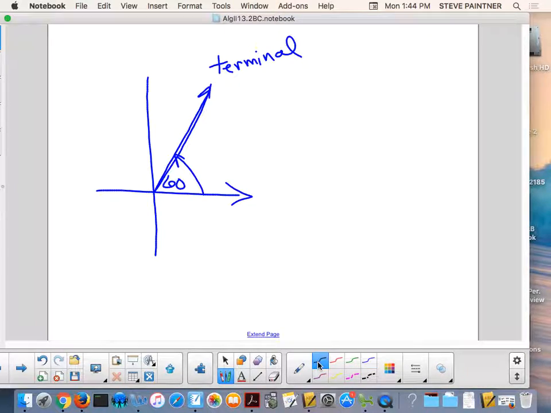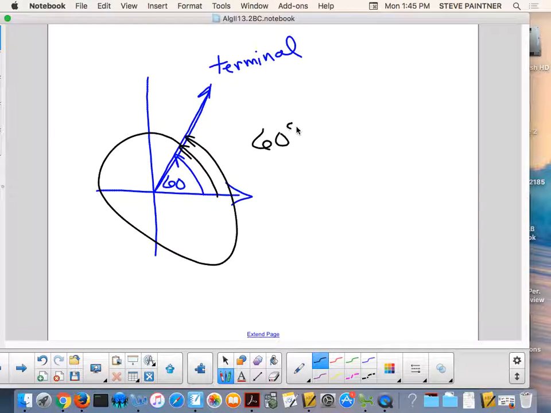Well, if you took your pencil and went 60 plus another circle, what would that be? 360. 60 plus another circle, 420? Yeah. Okay. 420 and a 60 are exactly the same look. If I said graph me a 420, you'd end up just like a 60.